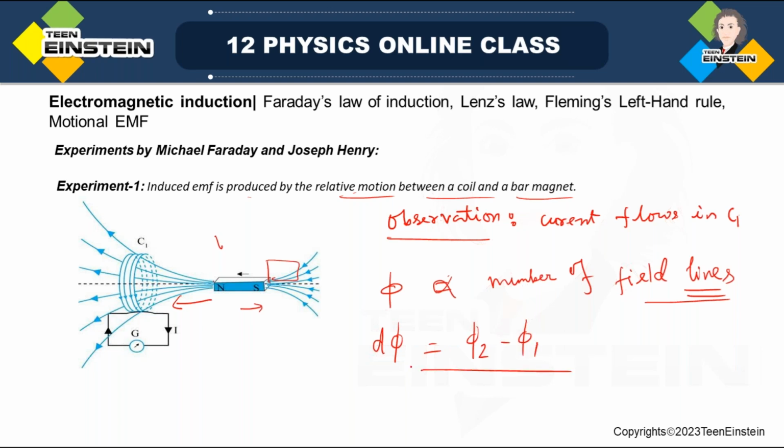Obviously, if it is taken away, the number of field lines passing through the C1 coil will be decreasing, so the flux will be less. In that case the change in flux will be phi 1 minus phi 2. That means we can get the magnitude of the change of the magnetic flux.